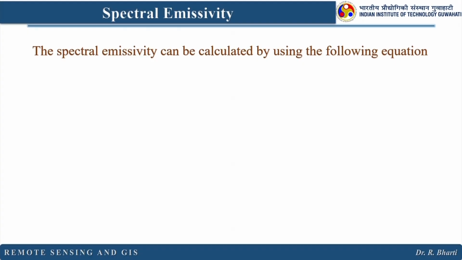Here I will show you how we can calculate the spectral emissivity when you are using a thermal imager, which is actually a ground based instrument. So the spectral emissivity can be calculated by using the following equation, and here these are the variables.